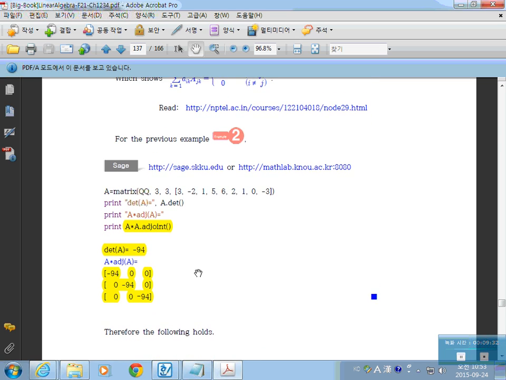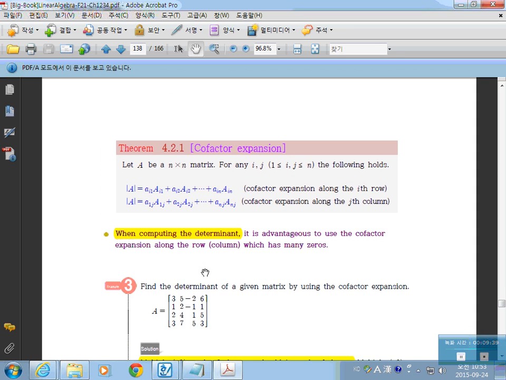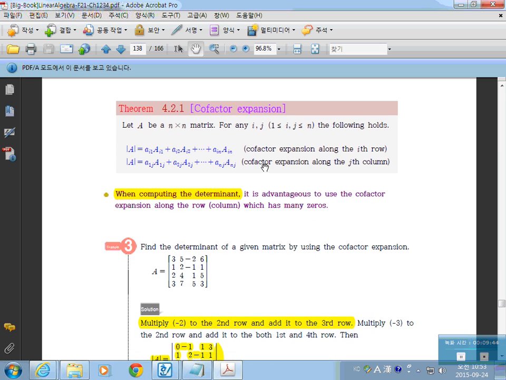Laplace found this property, and he proved it, and the proof is quite simple. From those observations, Laplace wrote a theorem like this, which is now called the Laplace cofactor expansion.